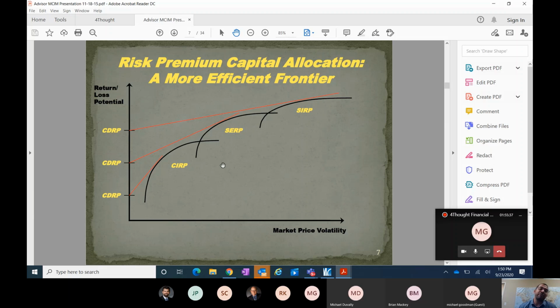That creates, you can graph that just like you can these other asset types, but you can graph those different strategies on here, and you can create your own additional efficient frontier, right? This additional risk premium. The same thing goes for what's called the secular inefficiency risk premium, which is you can achieve additional returns by taking on the risks associated with selecting individual securities, security selection risk.